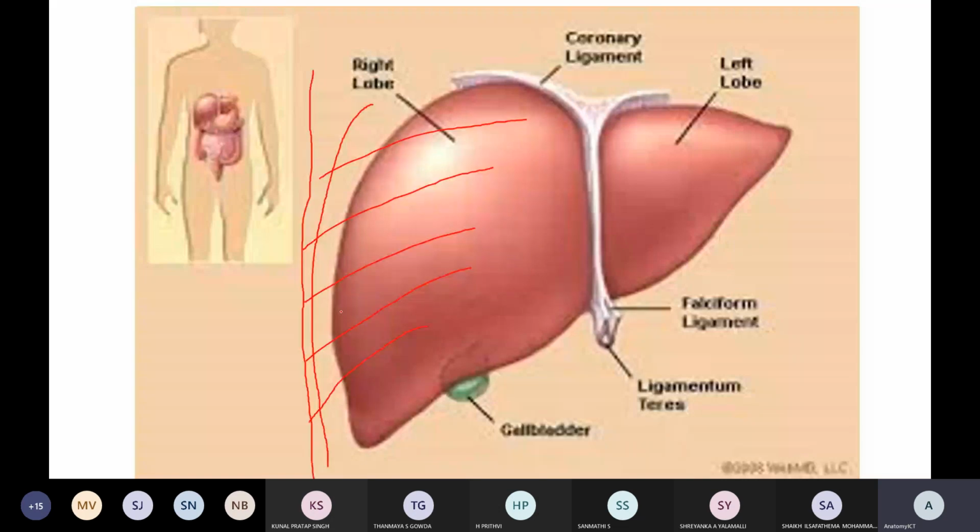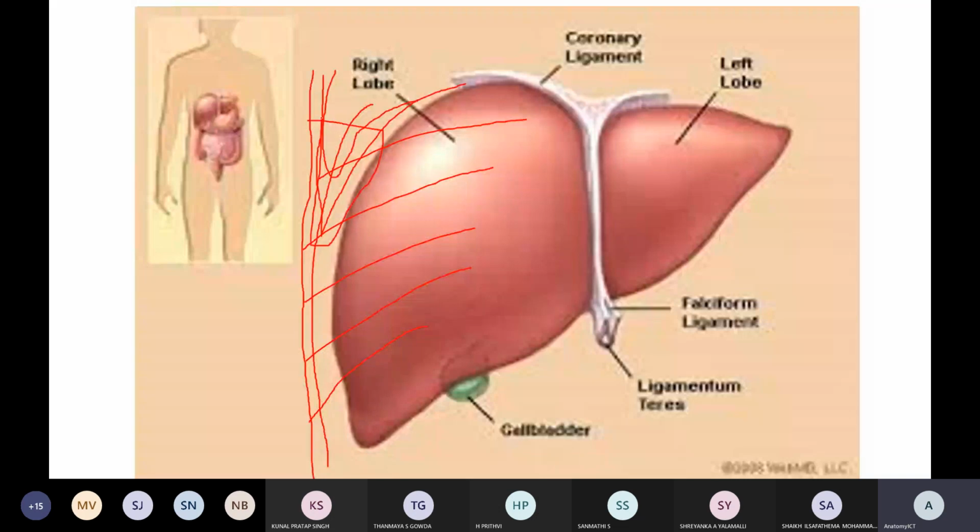So what happens, there is a lung and there is a pleura, right? Now the lung and diaphragm extend downwards, and this particular area we used to call the diaphragmatic recess.